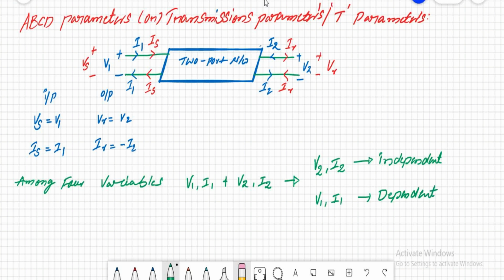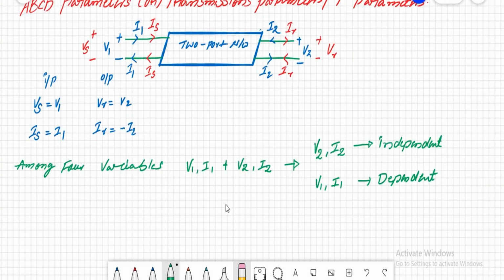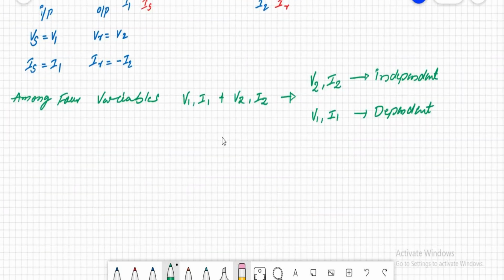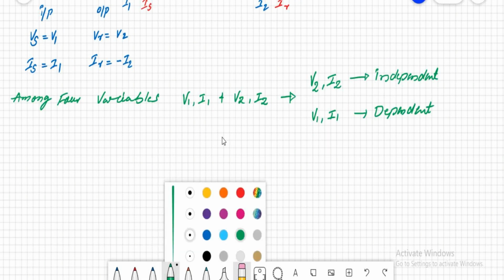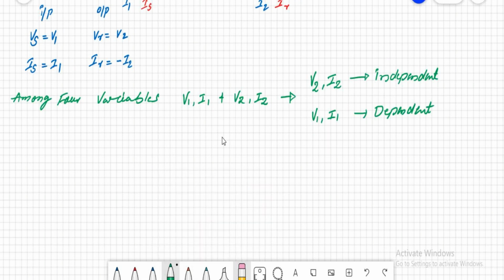That is the point for your ABCD parameter. By considering this, V2 and I2 independent means VR, IR are independent, and Vs, IS are dependent.